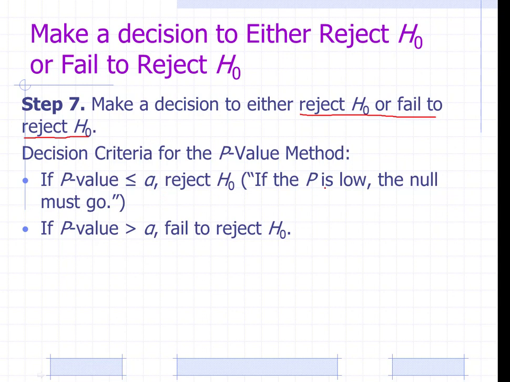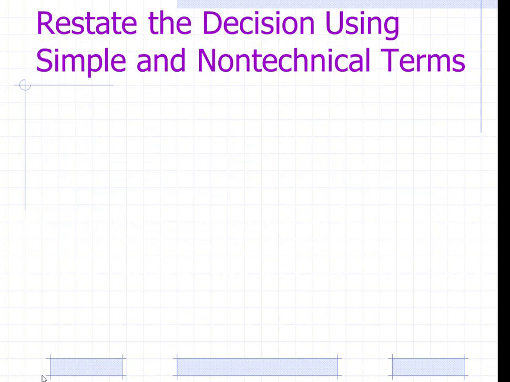If the p is low, the null must go and we reject it. If our p-value is greater than alpha, we fail to reject it. And then our last step is always to restate our decision.